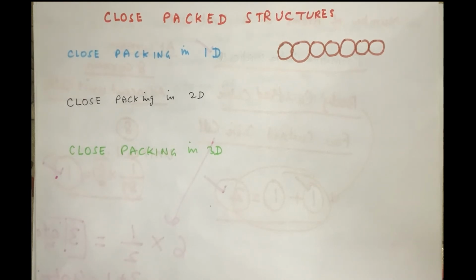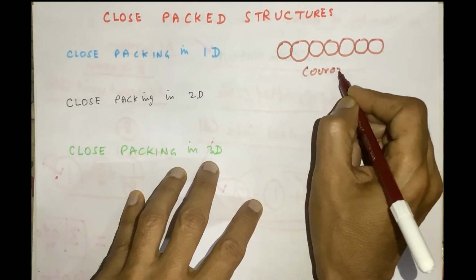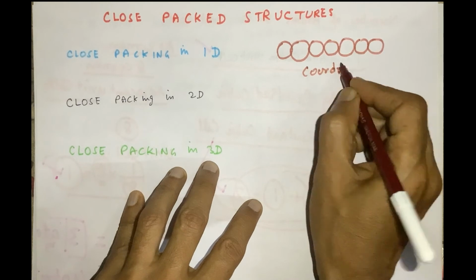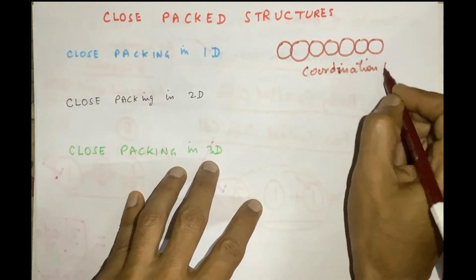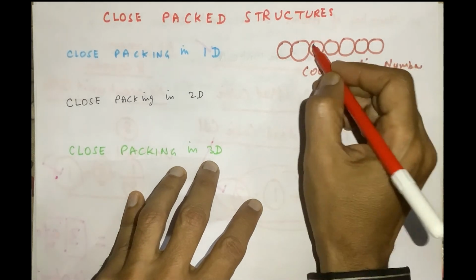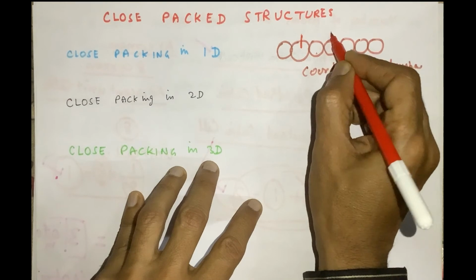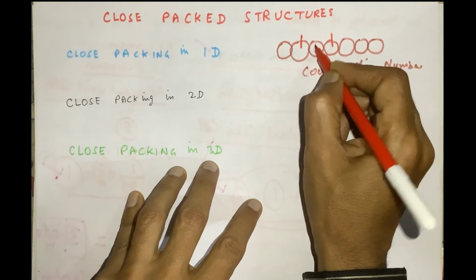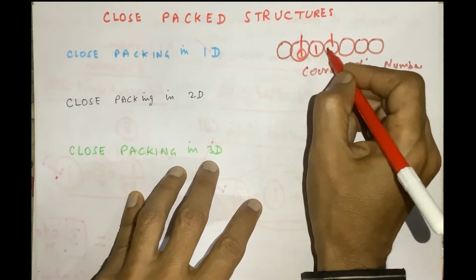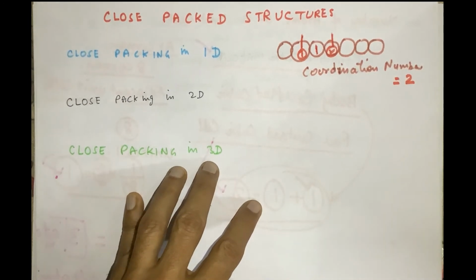Now, if we see the coordination number in this arrangement, each particle is joined by two other particles. This is 1 and 2. So we say the coordination number is 2.